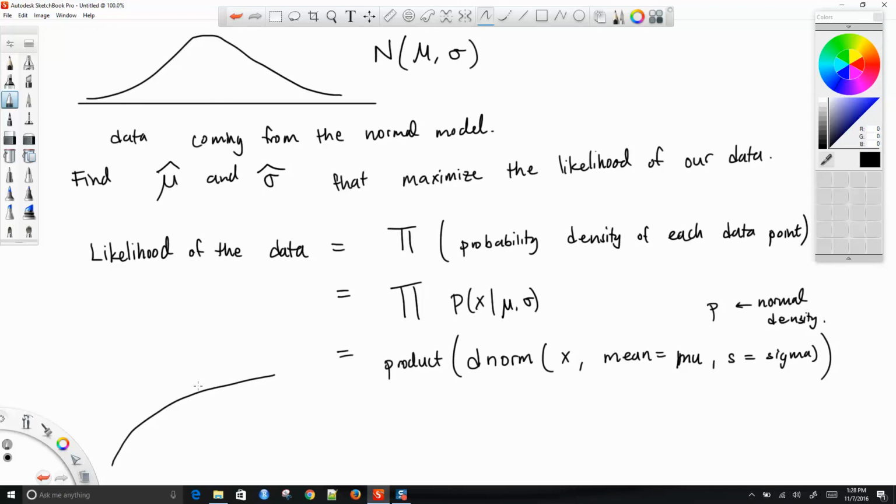So the log, or natural log, is monotonic, and the value that maximizes this will maximize the original function.